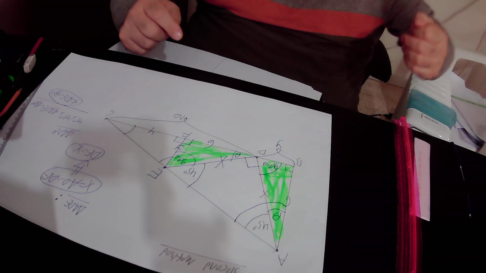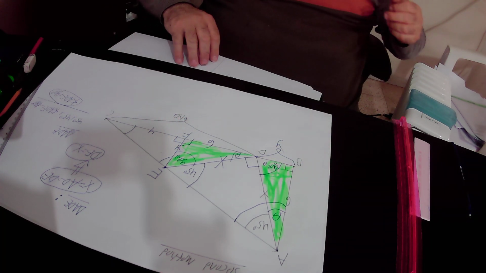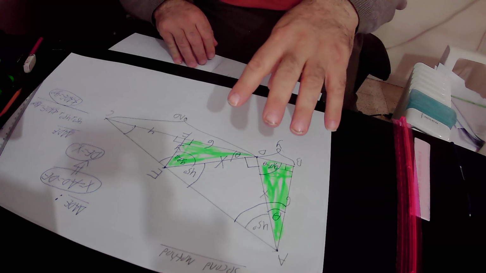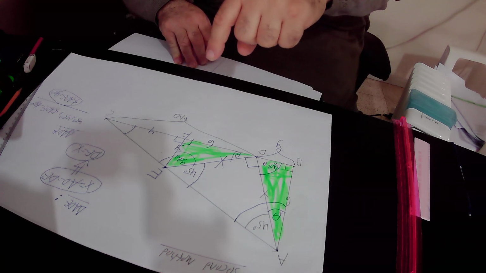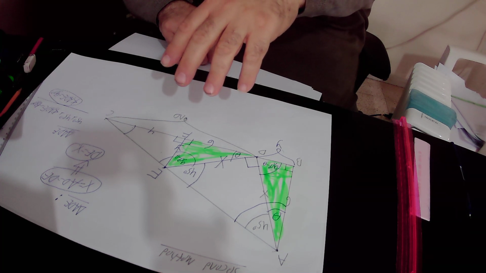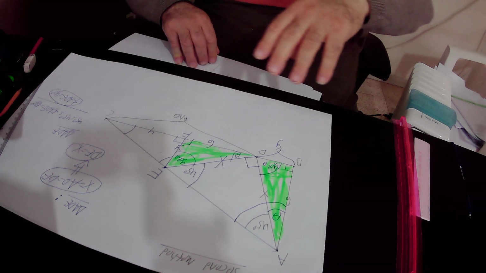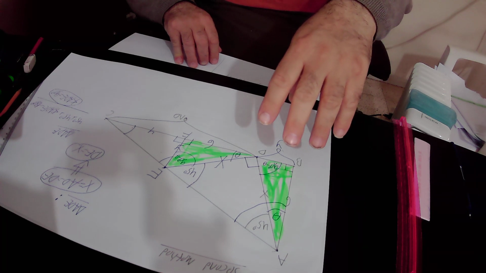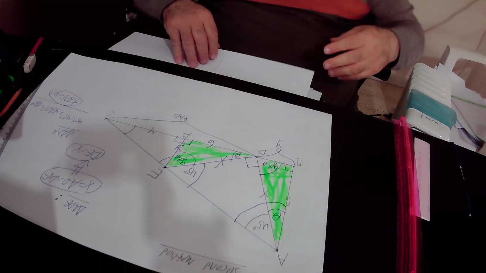Why? Because the angles sum to 180 degrees. So we actually proved that all three angles in triangle ABC are congruent correspondingly to all three angles in triangle EFC. Therefore, we proved that triangle ABC is similar to triangle EFC.